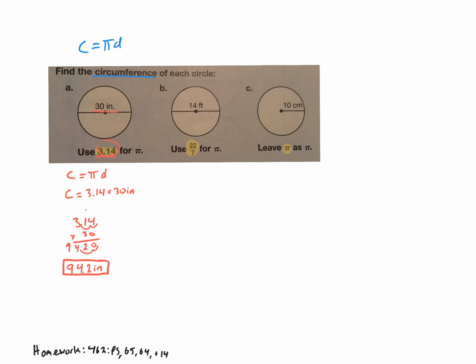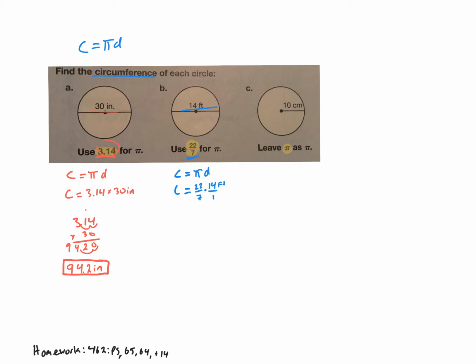Our next option here, or B, the next thing that we're asked to do, is again find the circumference, but this time use 22/7 for pi. So again, circumference is equal to pi d. I'm going to use 22/7 for pi, and my diameter is 14 feet. You want to think of it as 14/1.